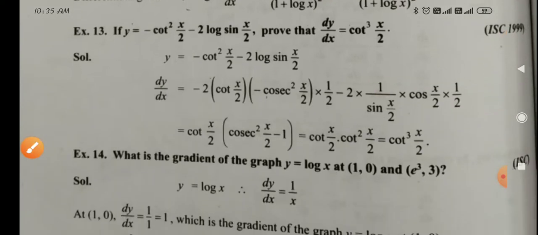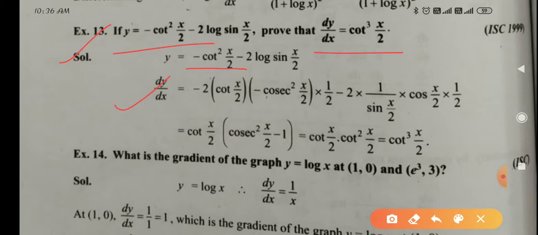Now the 13th example you can see. In the 13th example, y equals minus cot square x by 2 minus 2 log sin x by 2. You have to prove dy upon dx is cot cubed x by 2. Now you see properly, very easy it is. Cot square x by 2 you can take as (cot x by 2) whole square, which means x square, you can suppose.